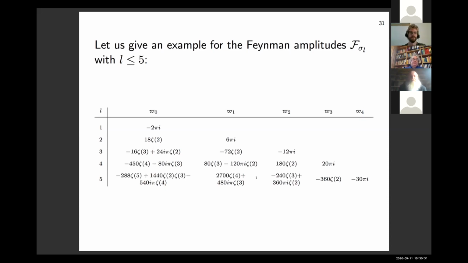We have checked this because once you know the form, you can check this to hundreds or even thousands of digits, and we checked this up to loop order 14. It's always the right expression, and it has to be the right expression because I claim I can prove it.